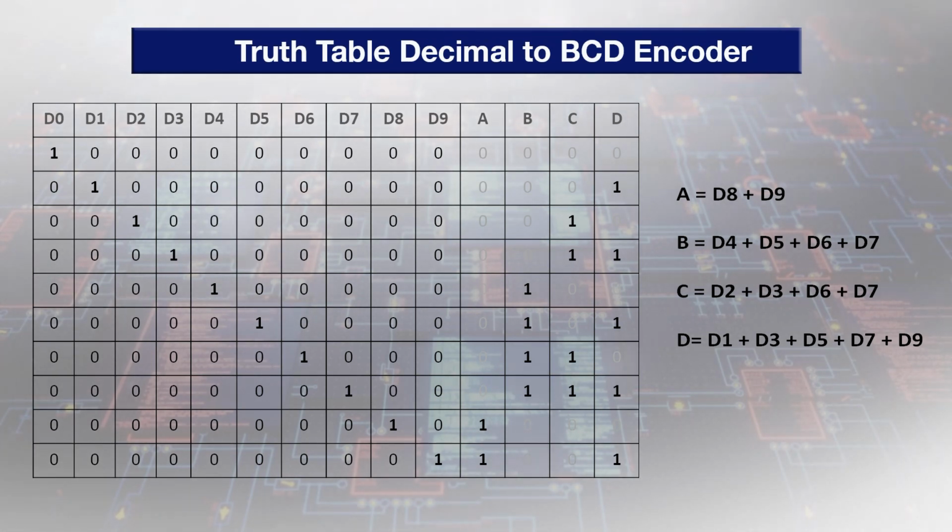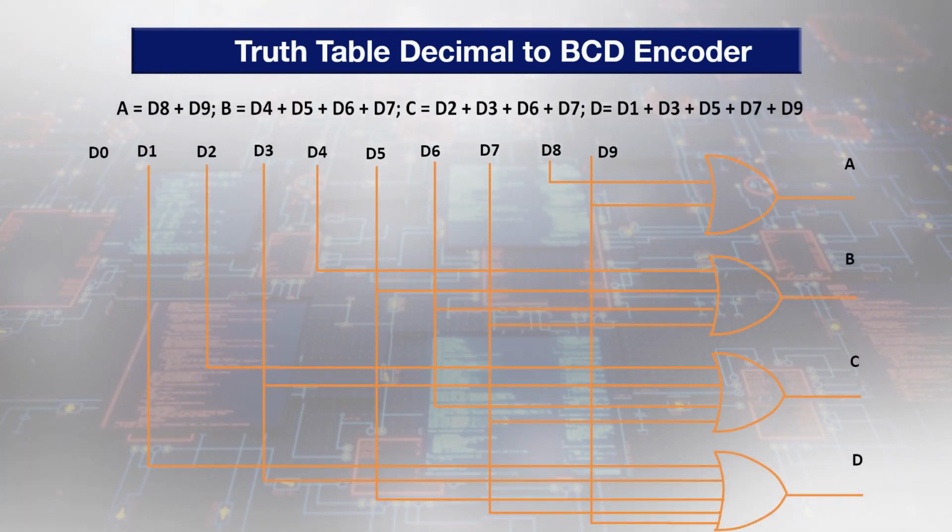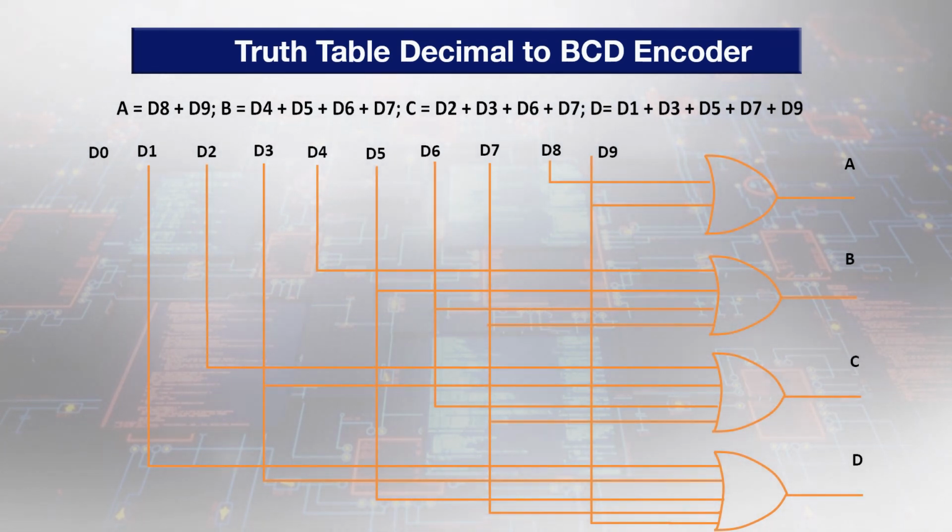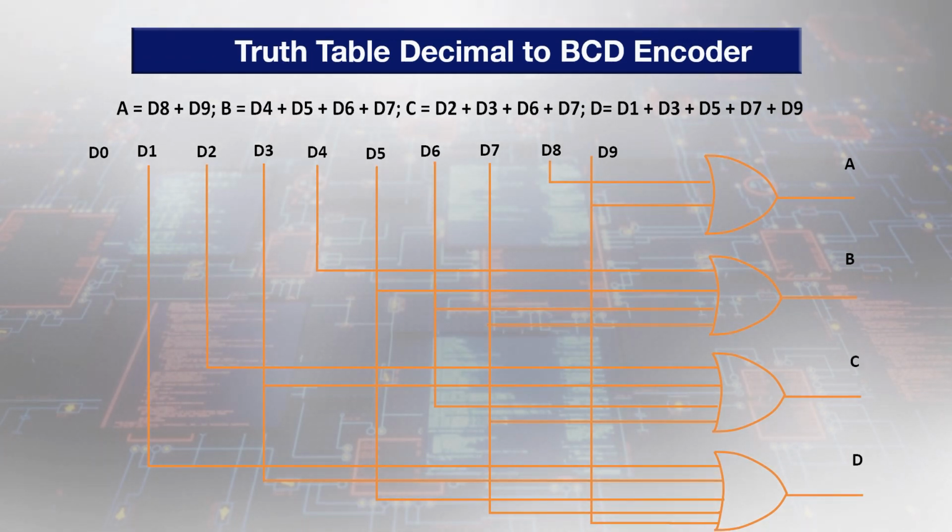Likewise, the logical expression for the output D is equal to D1 plus D3 plus D5 plus D7 plus D9. So in this way we got the 4 different expressions for the individual outputs, and each of them can be implemented with the help of OR gates.